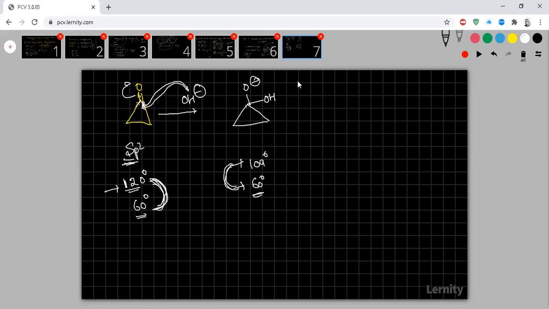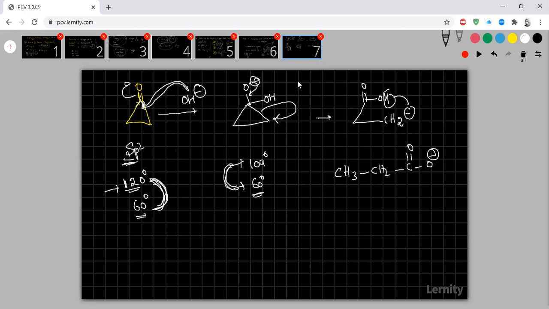As a result, it will give the sp3 carbon. Now what will happen? This bond will shift to here. Then we get this bond shifted to here, here double bond O, OH, and here we will get the CH2 minus. This CH2 minus is highly basic in nature, so it will take the hydrogen here. In that case, we will get CH3 CH2 C double bond O minus.